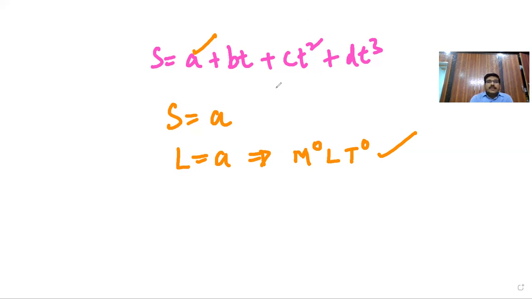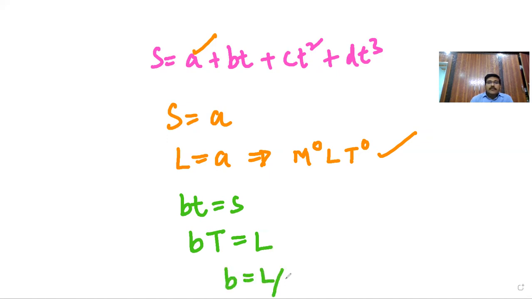Similarly, the second one, BT must be equal to S. Each term should be equal to the left hand side. So B, T is what? Time, T. And S is L. So B is equal to L by T. This T comes over here.